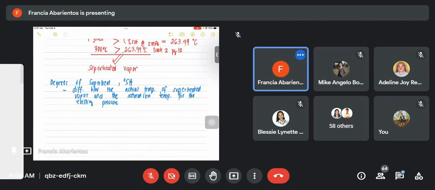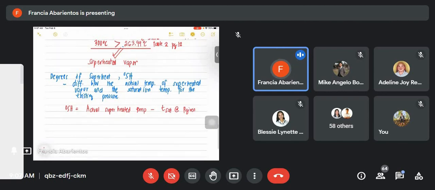So, the degree of superheat is just equal to the actual temperature, superheated temperature, minus the Tsat, or the saturation temperature, at a given pressure. Okay. So, what is the example for this?